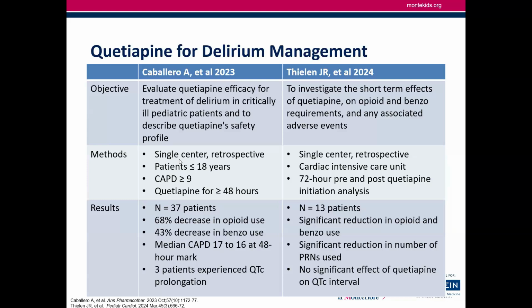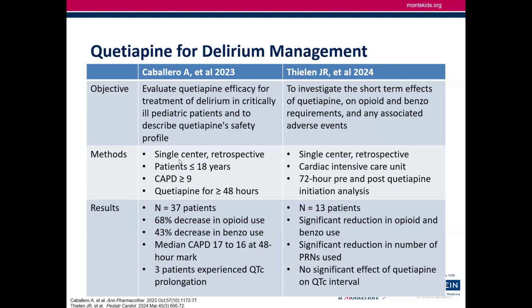So the study found that the appropriate dose does really need to still be studied to have a more effective effect on decreasing opioid and benzo use, since this was not shown to be significant. But they found that the safety profile was good for quetiapine.